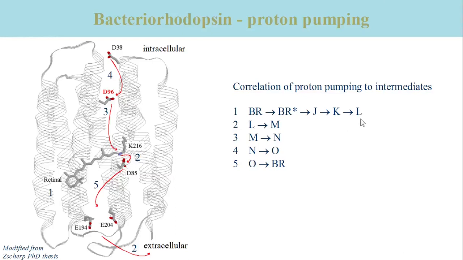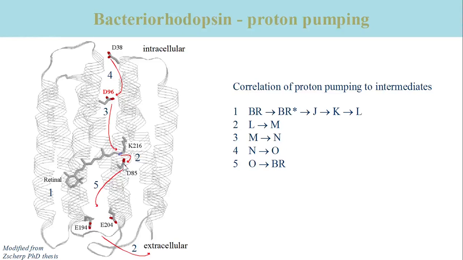Next, the proton moves from the Schiff base to aspartate 85. Remember that the Schiff base is the linkage between the retinal and lysine 216 of Bacteriorhodopsin. The proton transfer takes place because the pKa of the Schiff base decreases by 7 units upon retinal isomerization, and the pKa of aspartate 85 increases to more than 10.5.